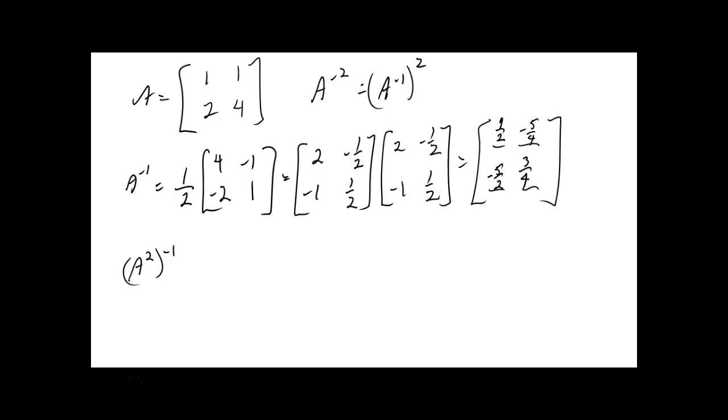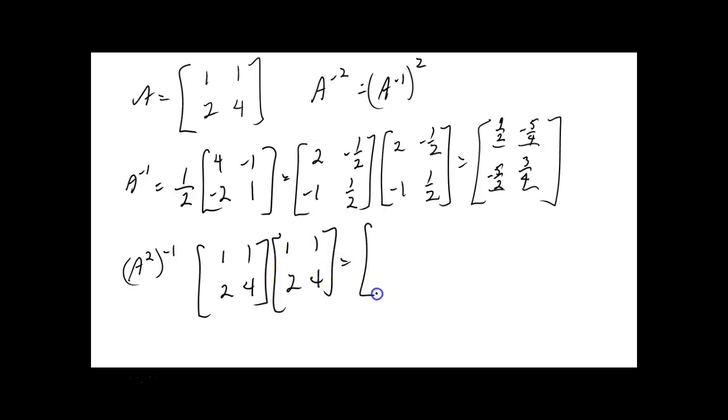Okay, so let's do A squared. That would be A times A. 1, 1, 2, 4 times 1, 1, 2, 4. You certainly can do that. That gives you a square matrix, 2 by 2. And what would be the first entry there?